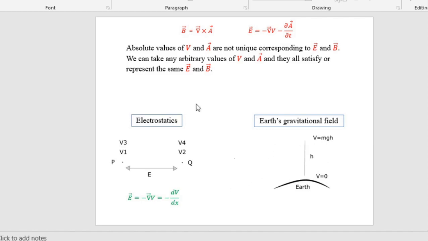Thus we have seen that we actually know about this crucial property of electromagnetic potentials, that the absolute value of the potentials is not unique. We can take any arbitrary value of the potentials for a given field. Okay.